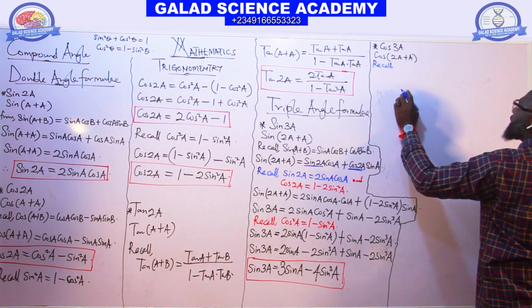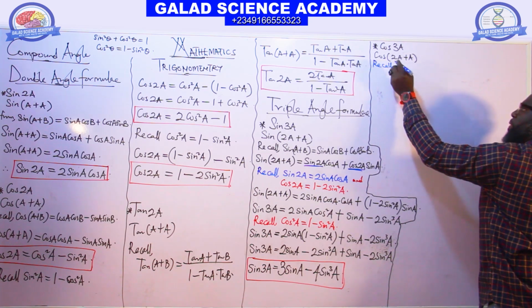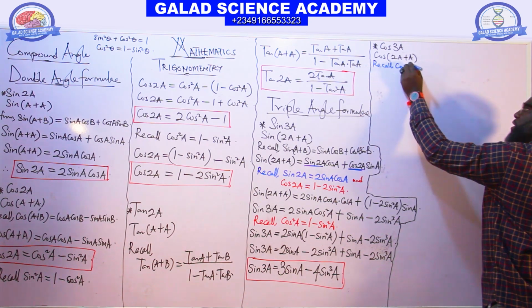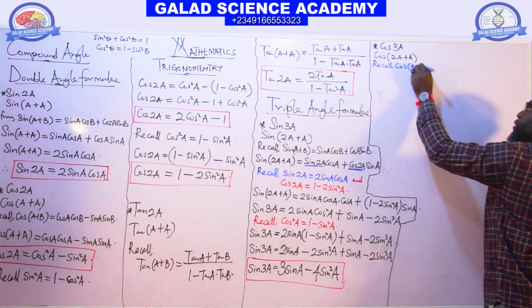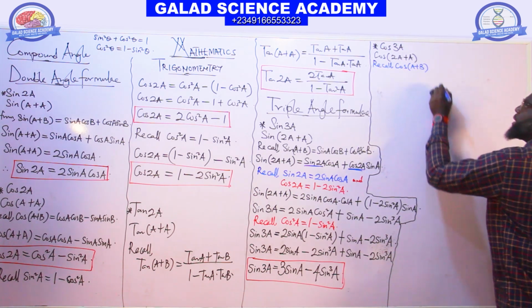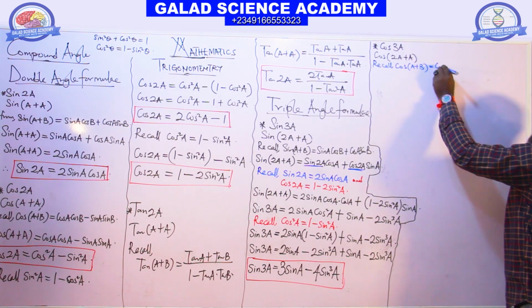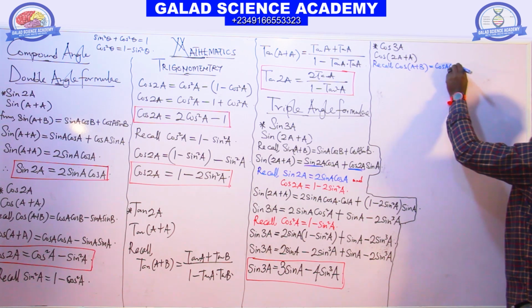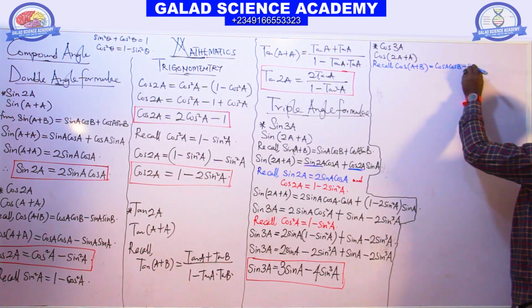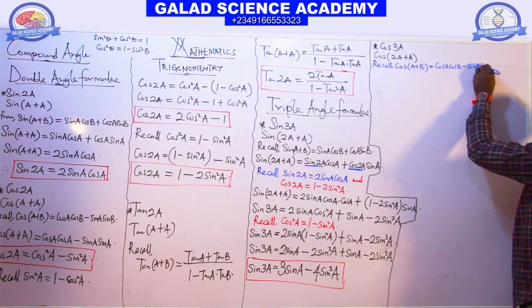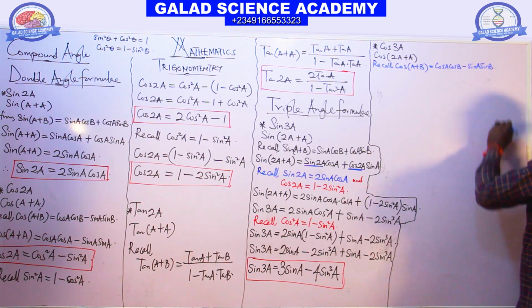The recall will tell us that if we have cos A plus B, it's the same thing as cos A cos B minus sin A sin B.